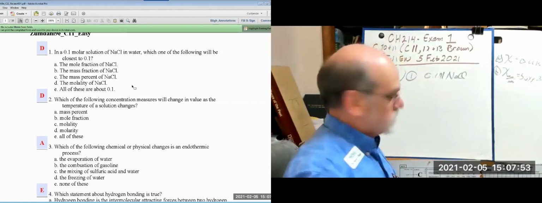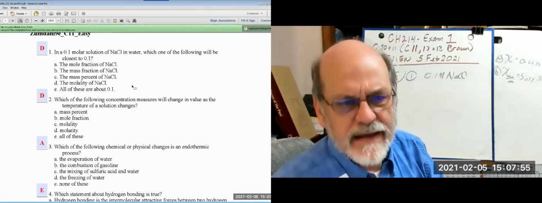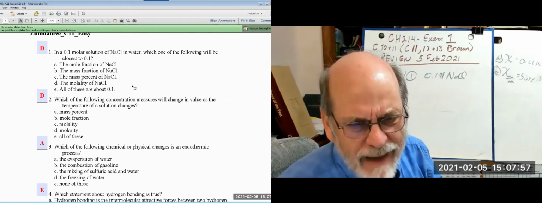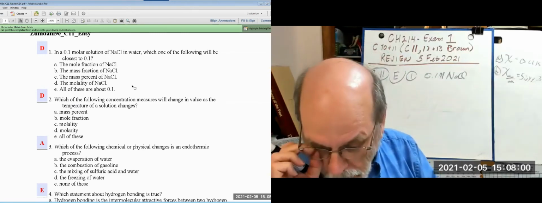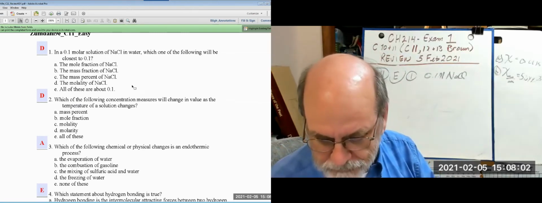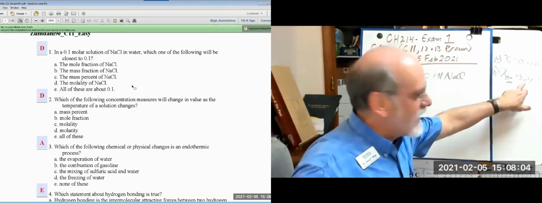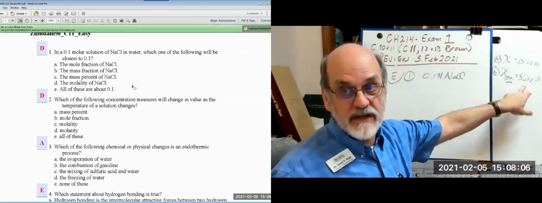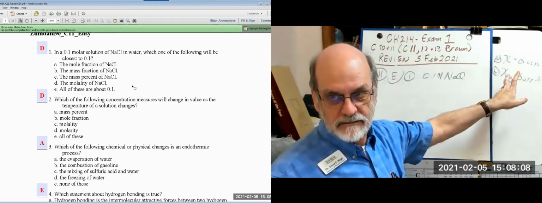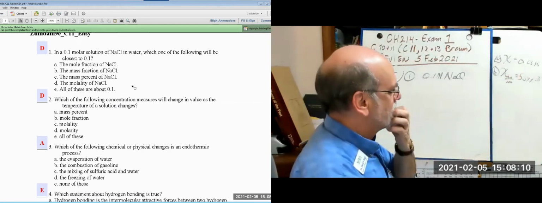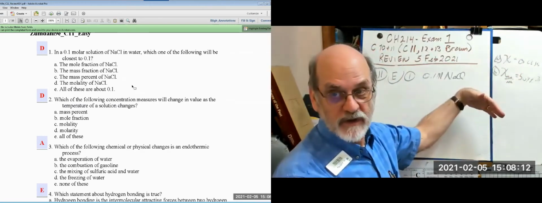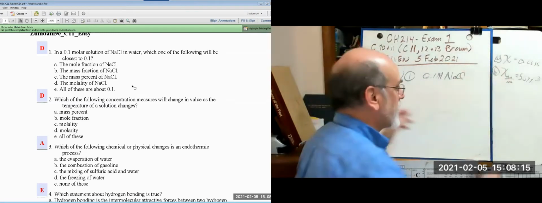What's C? C is mass percent. If this is mass fraction, then mass percent is just 100 times that. Because this is parts per 1, we need parts per 100, which would be 100 times.